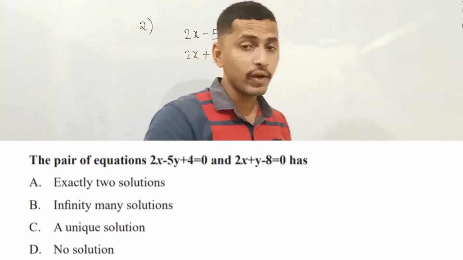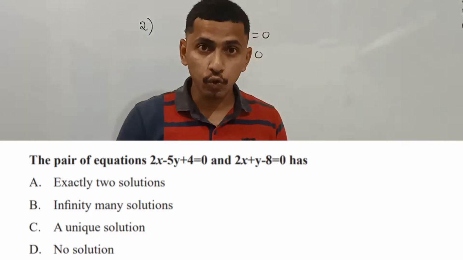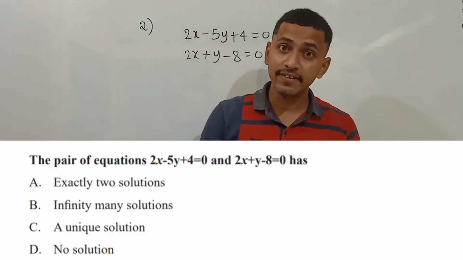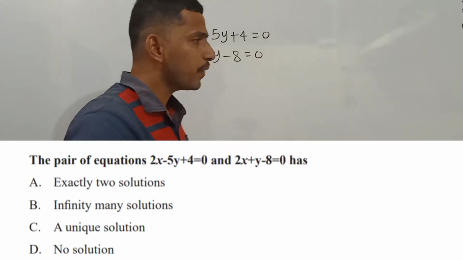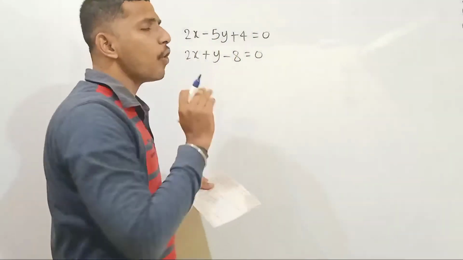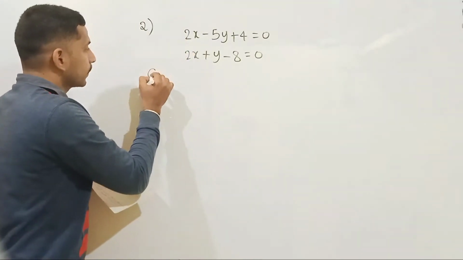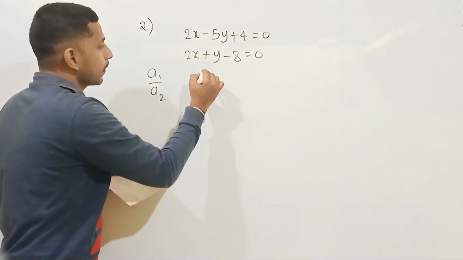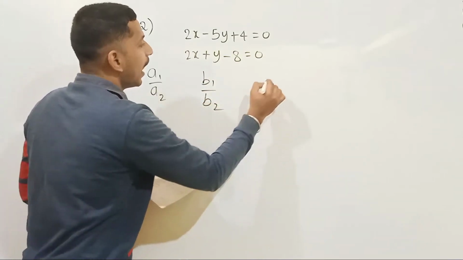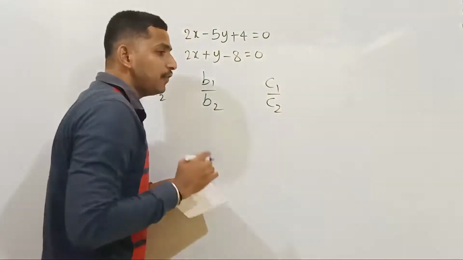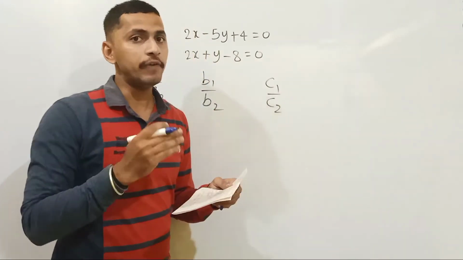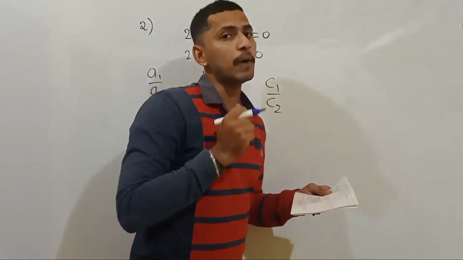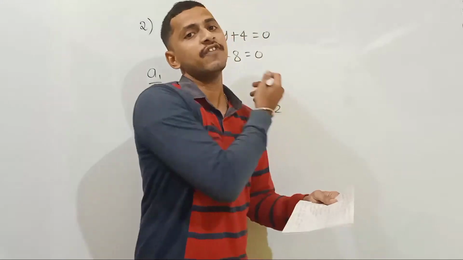The options given here are exactly two solutions, infinitely many solutions, a unique solution, and no solution. What we have to do here is find all the ratios, that is a1 by a2, b1 by b2, and c1 by c2, and compare them to the conditions that we know. When we compare, we will come to know which condition this follows.